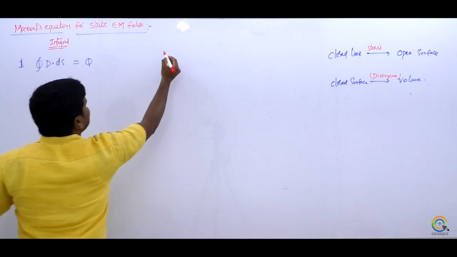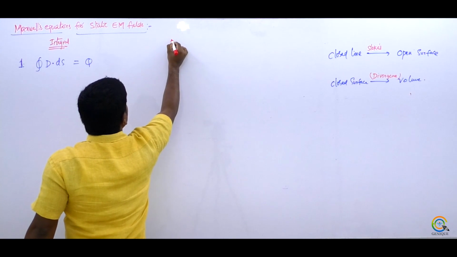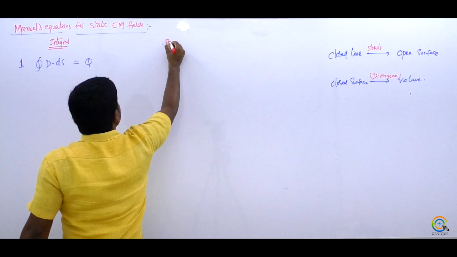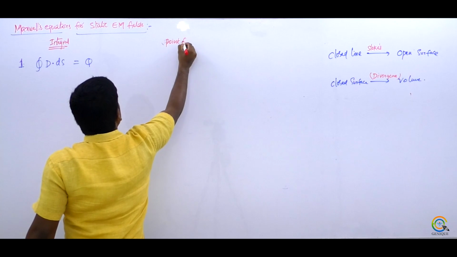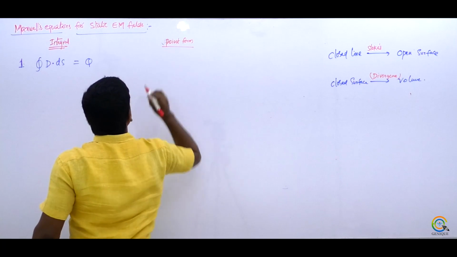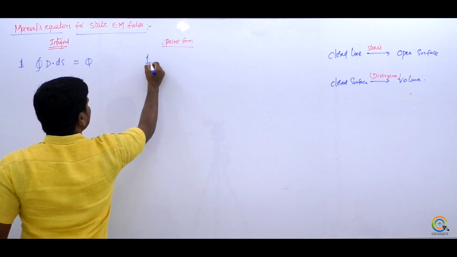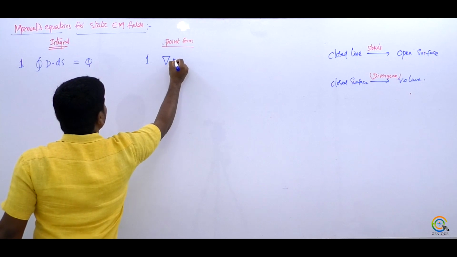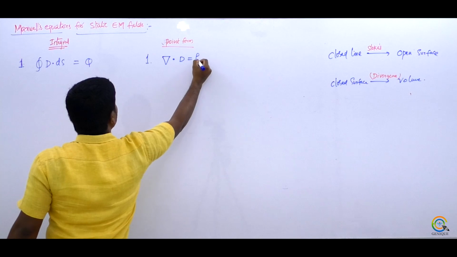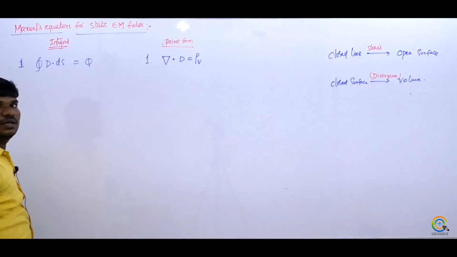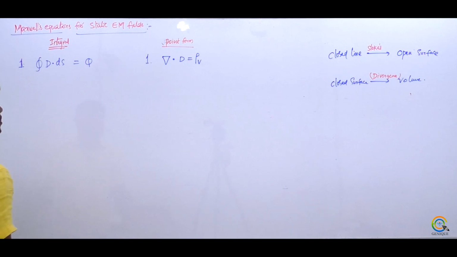The same Gauss law in point form, the first equation, is del dot D is equal to rho v.